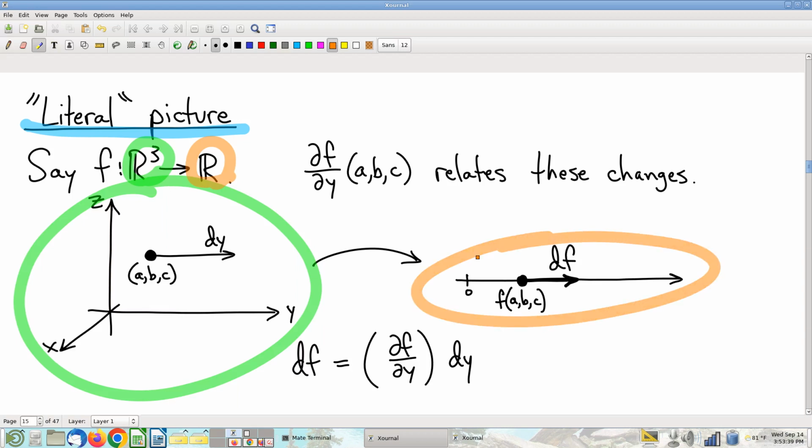There it is. And if what the function does is take points in the domain and return points that are in the target, well, that's generally speaking what we're going to visualize happening in this picture: stuff in here is going to have images that are in here. So, again, literal picture, not a graph.